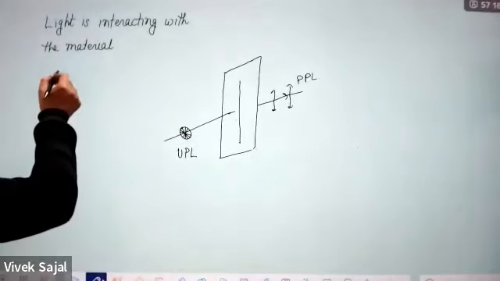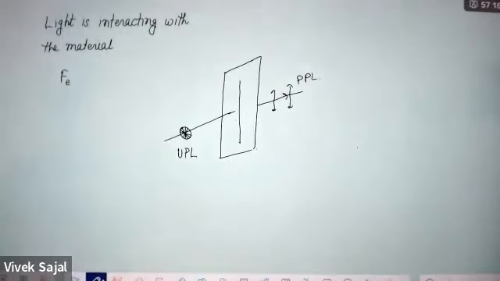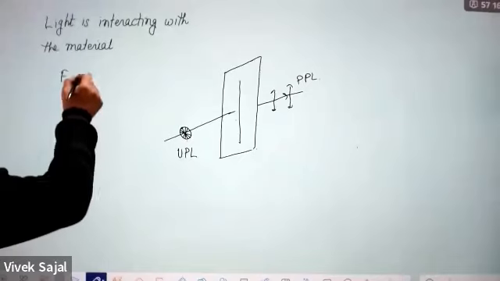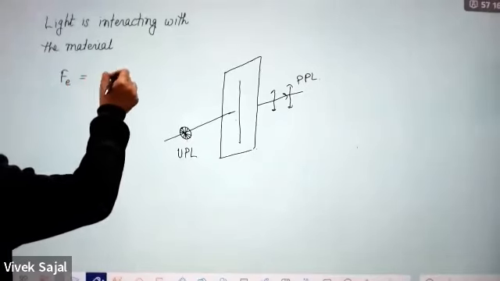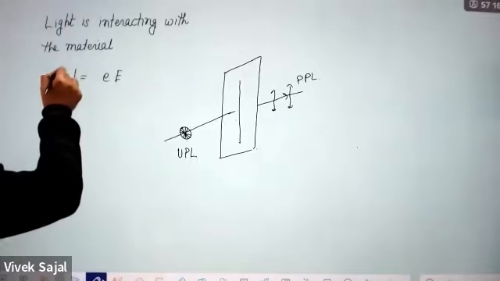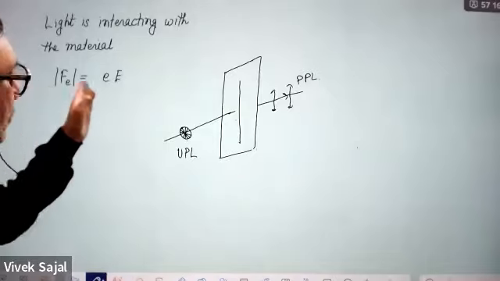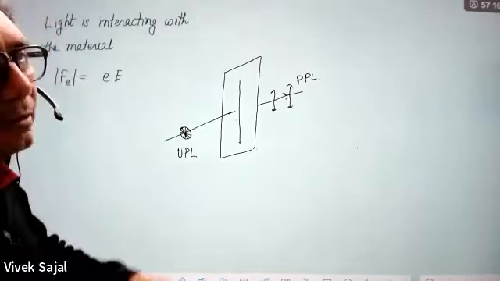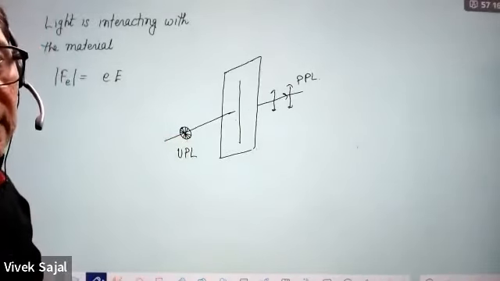How much electric force is going to act on the electron due to the electric field? That will be e into E. I'm talking about magnitude here. This is the magnitude of the electric force acting on the electron due to the electric field of this light.